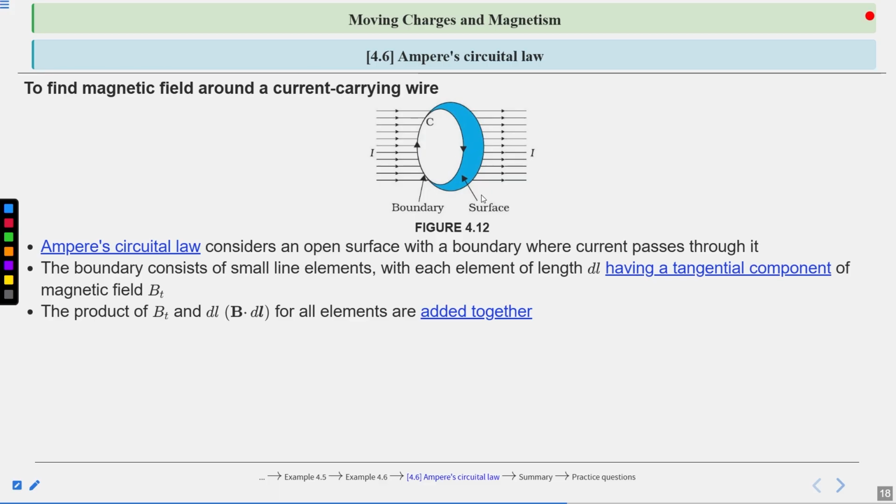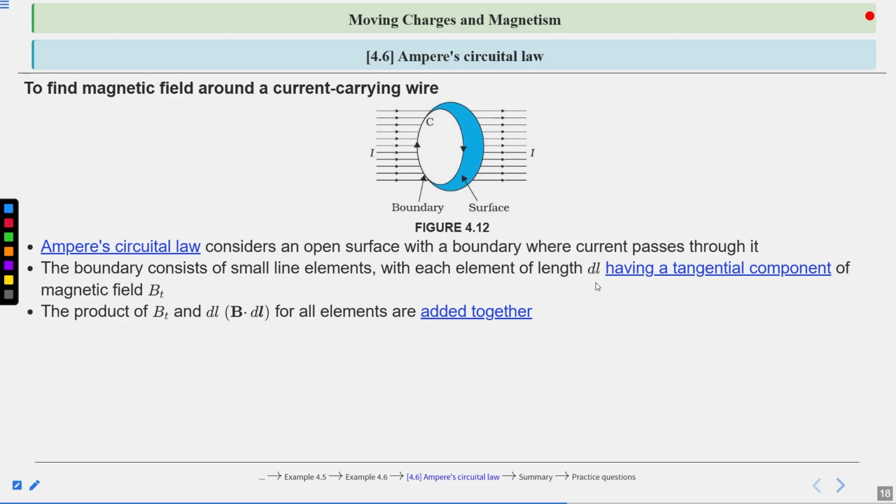Magnetic field Bt will have a tangential component along each element dl. Got it? So B dot dl will be the dot product, B dl cos theta. Since the tangential component Bt is along dl, B dl cos theta will become B dl cos 0 degree, because Bt is tangential to dl at every small element dl.